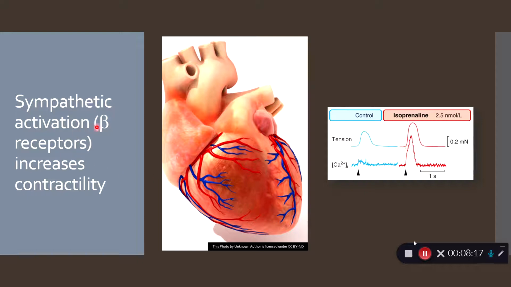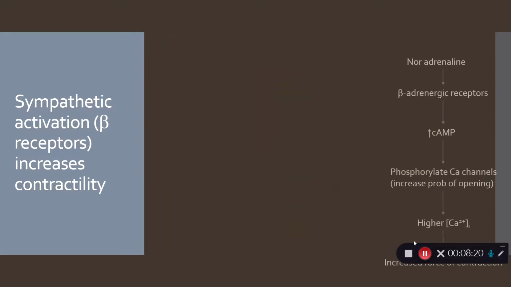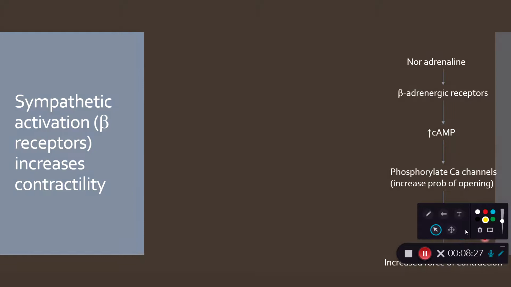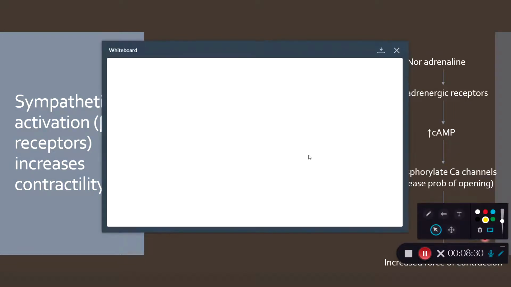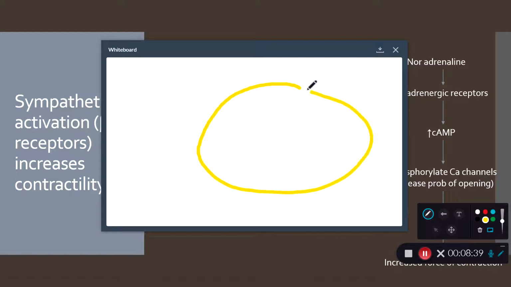Block this response. So we want to block beta receptors. To recapitulate what we did, what you might already know, is that in a myocyte, so in the heart muscle, we have beta receptors, and adrenaline binds to these beta receptors.